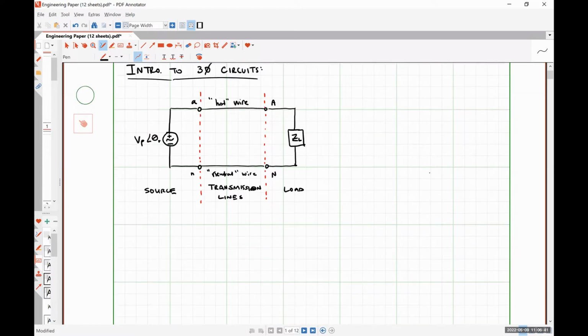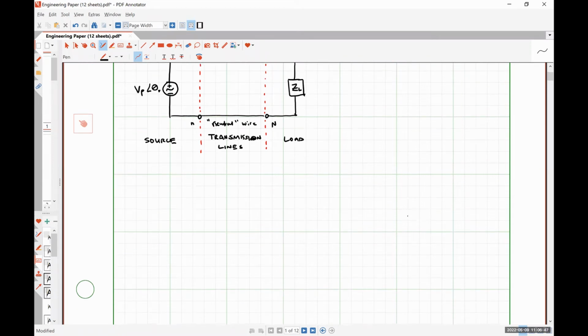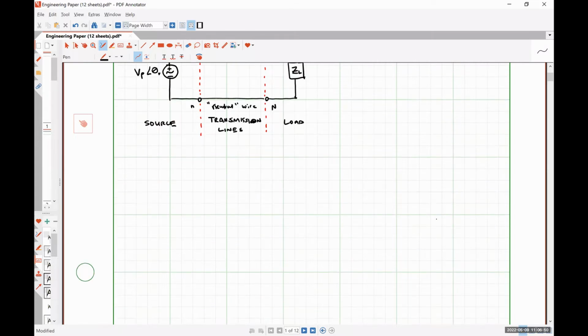Now let's look at a three-phase system. So in a three-phase system, we might have something that looks like this. So this is our source side.